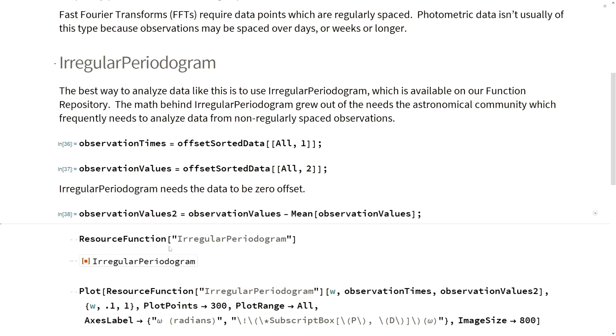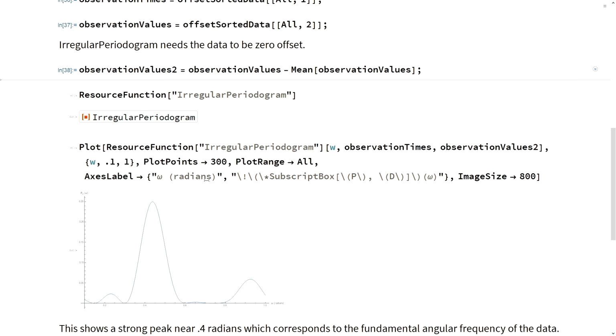If we use that and plot it, we'll see that there's a strong peak corresponding to the fundamental frequency in the data, and it's about 0.4 something radians.